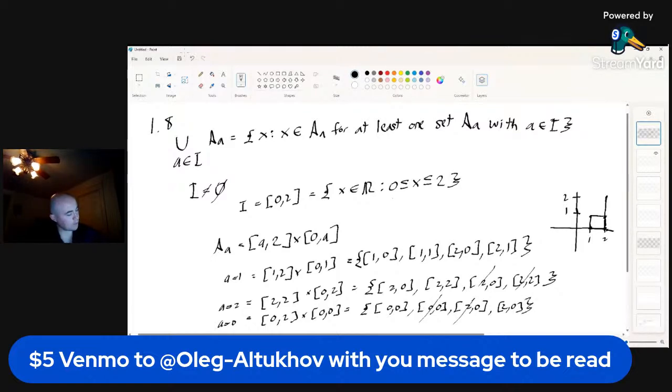Scratch the repetition. 0, 0. 2, 0. So this line right here.